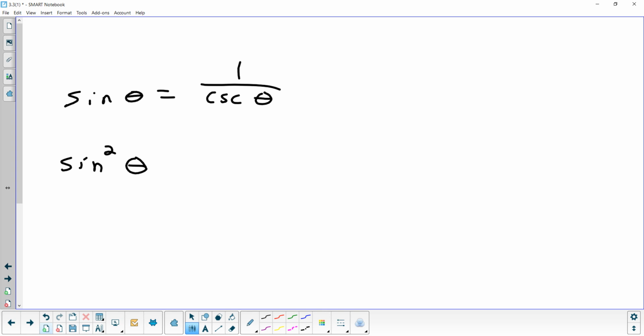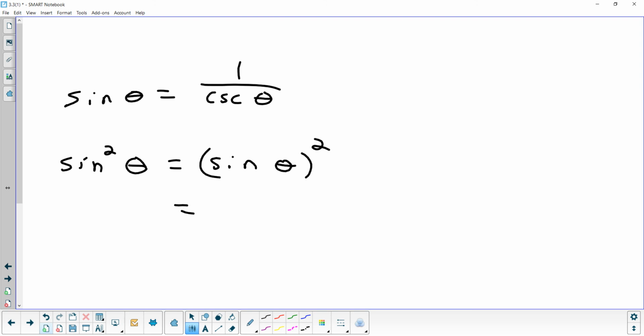This means sine squared. It means sine to the second power. You might wonder, why don't they just put the second power like this? Well, you can. It means the same thing. But a lot of times when you want to raise a trig function to a power, they put the exponent right in the middle. This is how they do it.